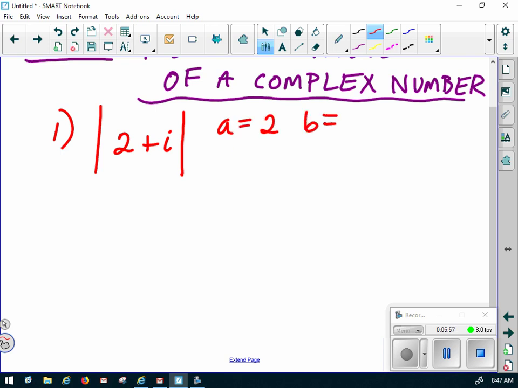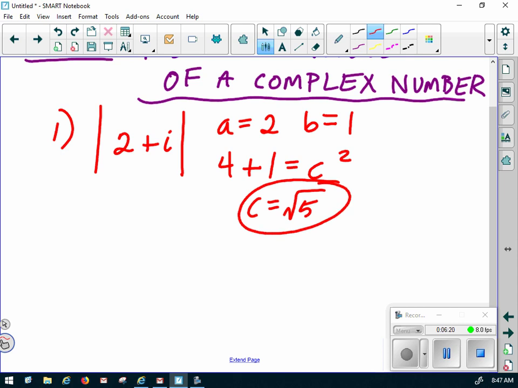What's b? So a squared plus b squared equals c squared. 5 equals c squared. So c is the square root of 5. That's the absolute value of that complex number. Good. Question? Okay, let's go on.